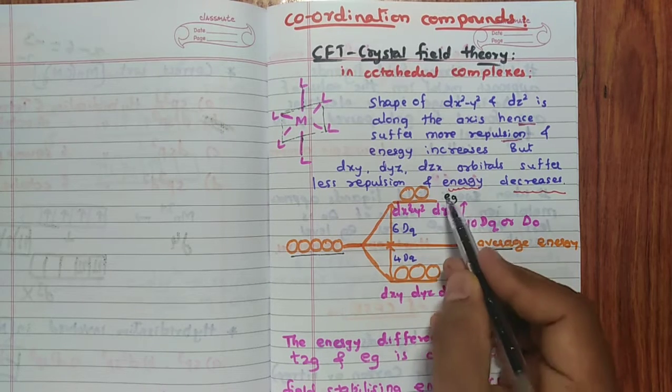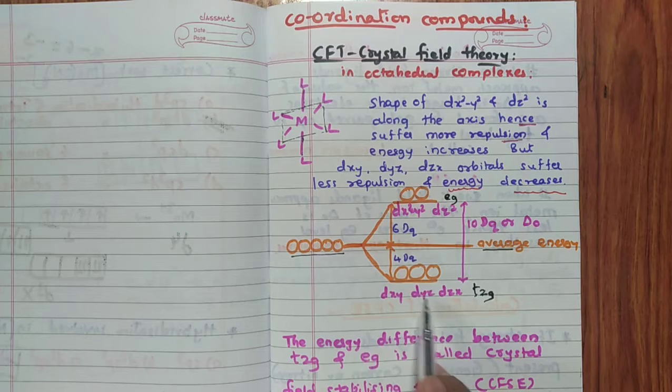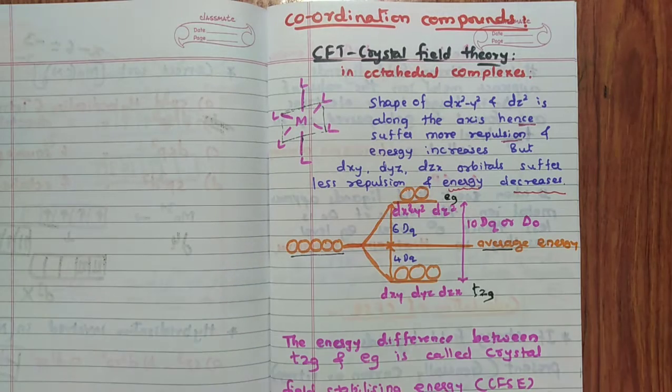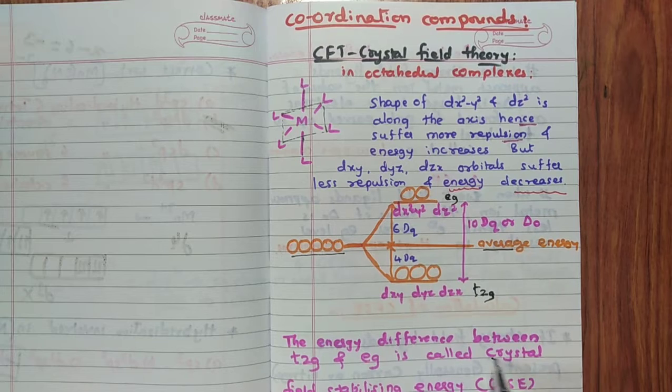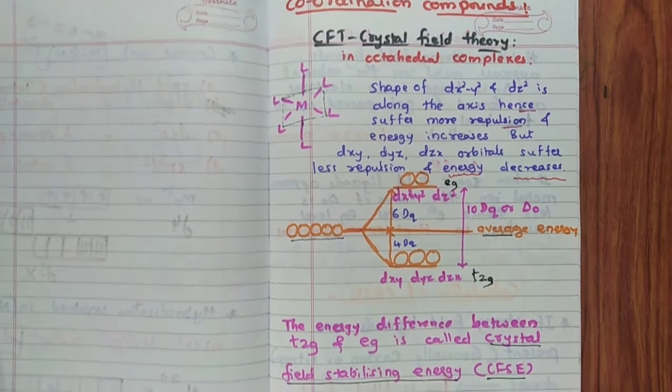So 3 orbitals. Eg, 2 orbitals. So dxy, dyz and dzx are t2g, and the other two are eg. The energy difference between t2g and eg is called the crystal field stabilization energy.